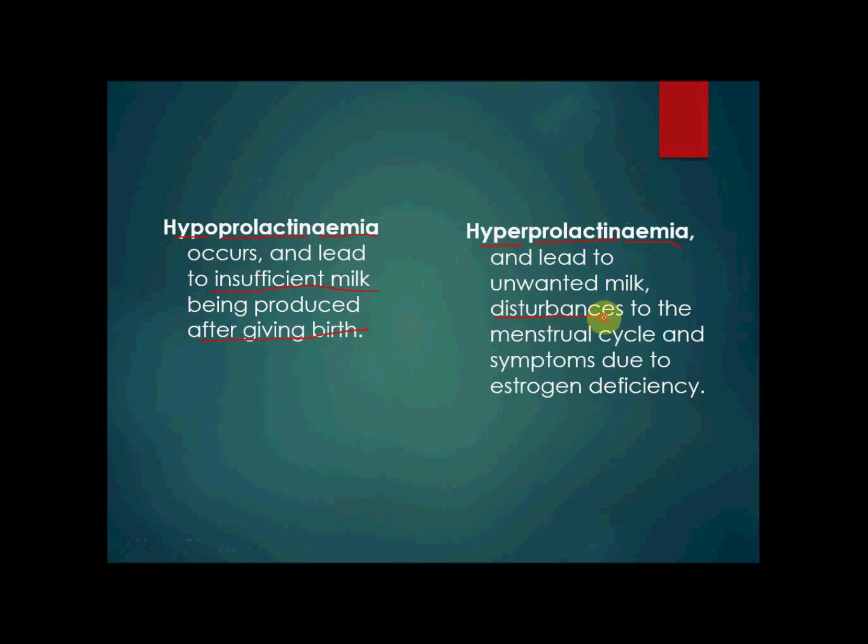This causes disturbances in the menstrual cycle, because estrogen is part of that menstrual cycle, and symptoms due to estrogen deficiency, because again, it is always a negative feedback loop. When there is more prolactin, the estrogen is reduced, and when estrogen is reduced, osteoporosis can occur. Of course, the menstrual cycle is again disturbed, and so on and so forth.